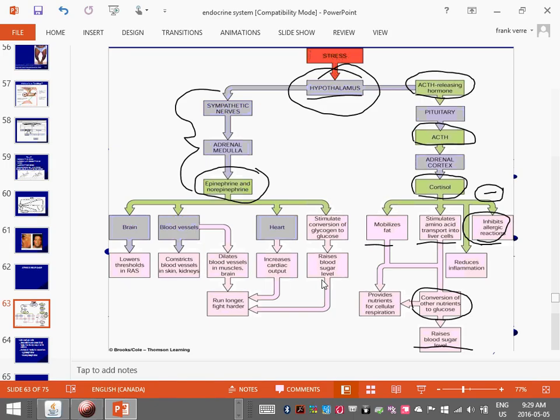You don't just want high sugar levels. You also want what? Heart rate to go up. And you can see the epinephrine has an effect on the heart. It increases the cardiac output by making the heart beat faster.